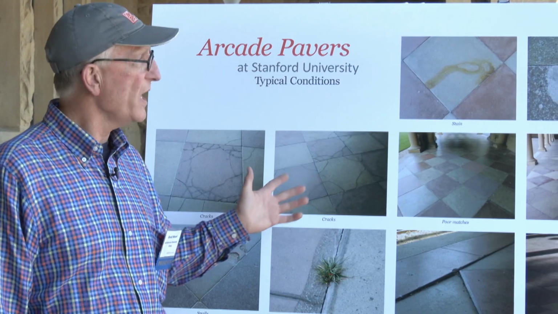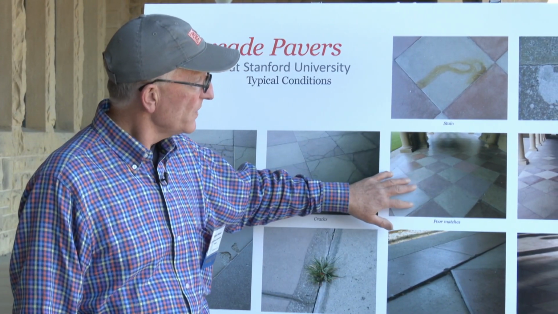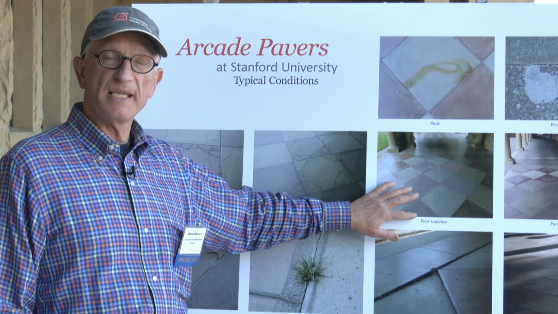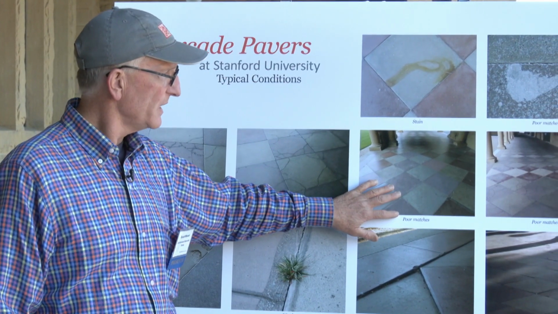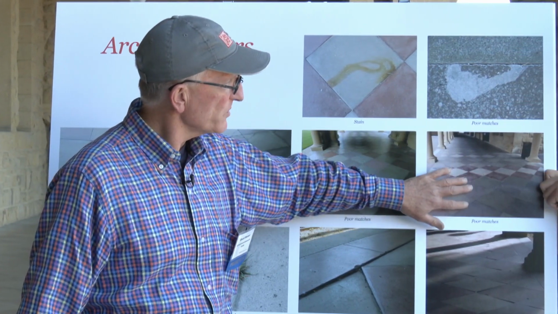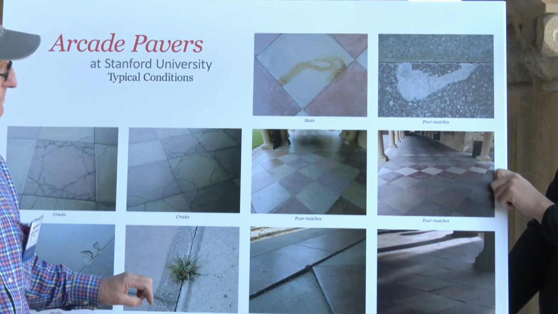Everyone had different ways of matching the historic pavement or pavers that they had to take up to put structure underneath. And so that's why we've got these patterns of mismatched pavement. And so the university, seeing this happening, decided that they wanted a standard. And the standard is something that we worked with them to develop.